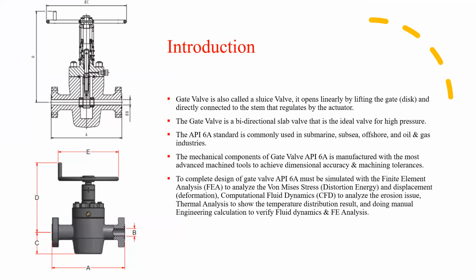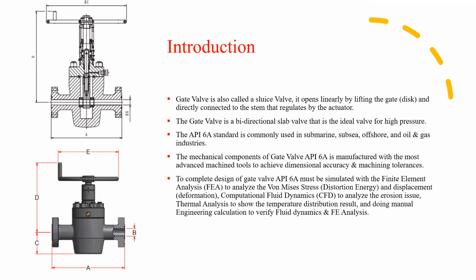The gate valve is connected with the stem. In our project, the stem is threaded with the gate, and the gate is opened and closed with the actuator. The actuator is regulating the gate, or disc. You know, the other name of the gate is disc.